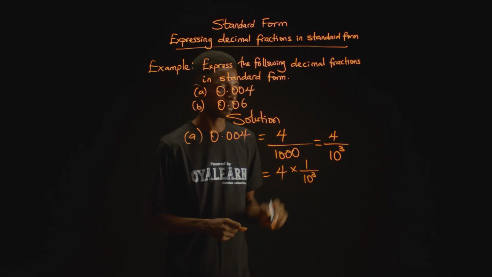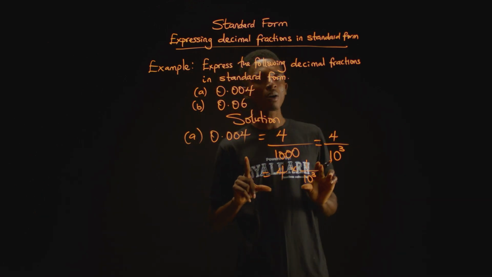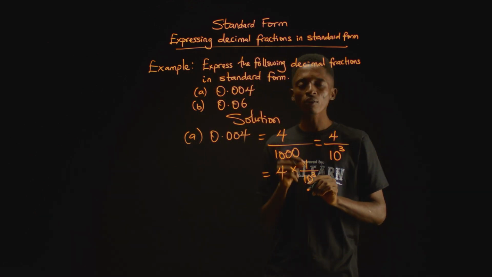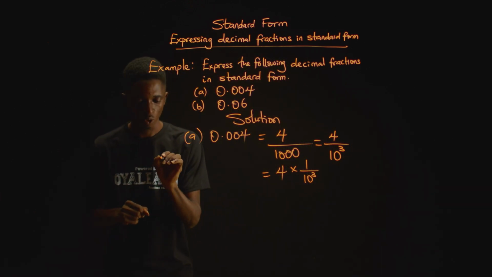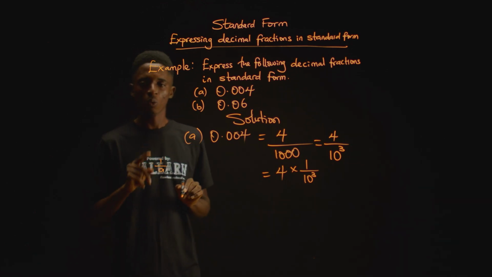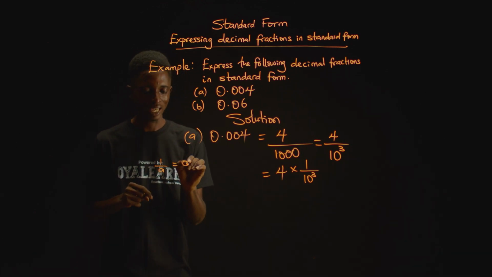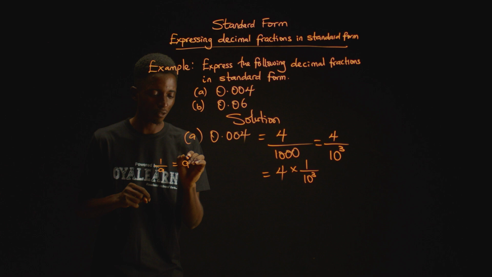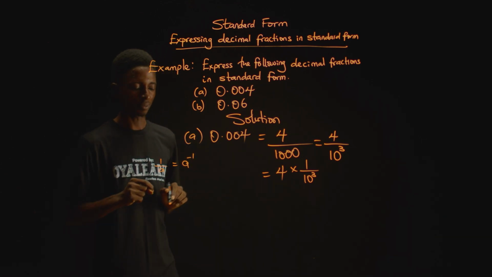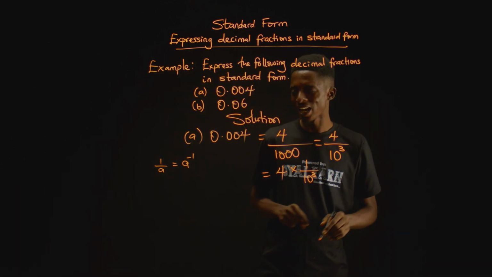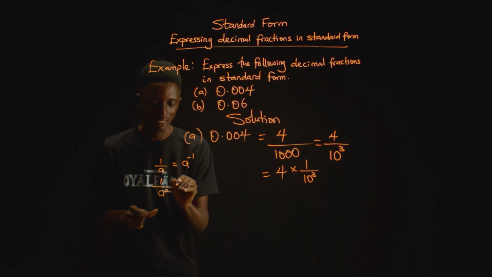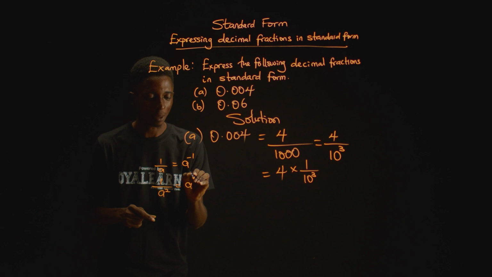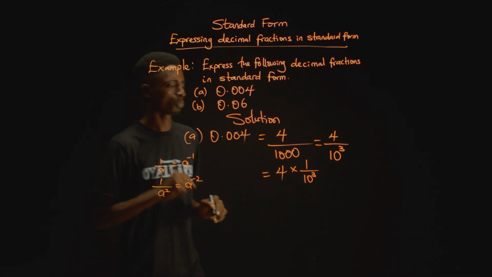to power 3. Now remember when we studied indices, one of the things we talked about there is that whenever you have something like this, 1 over a, we said this can be written as a raised to the power of minus 1. So when it is like this, that is, if I have 1 over a squared, this will be written as a with the power of minus 2.